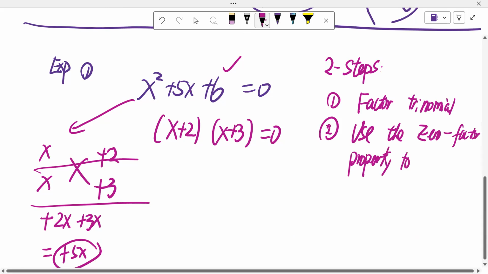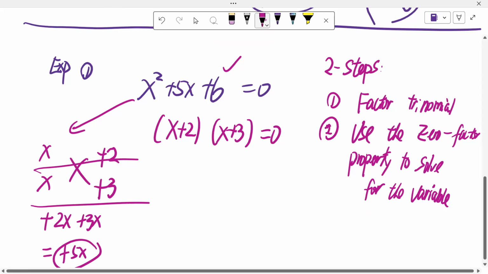Solve for any variable, could be x, could be y. Just two steps.